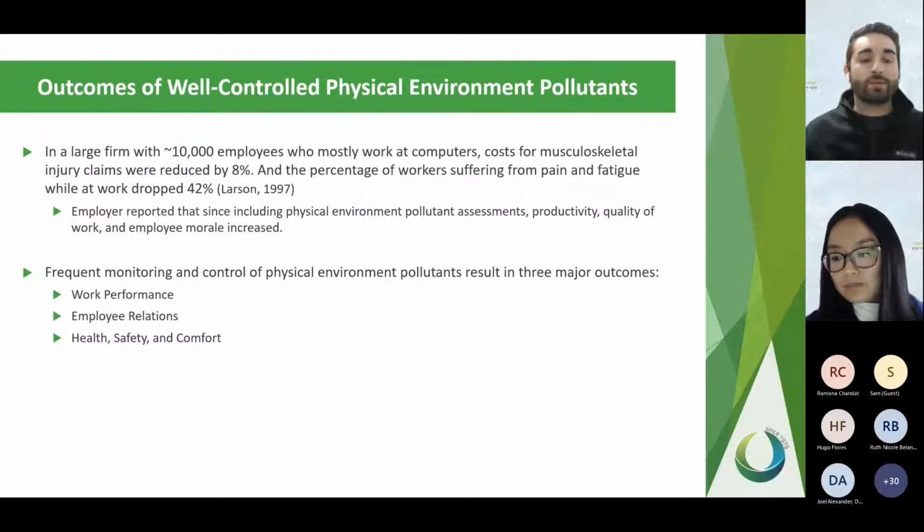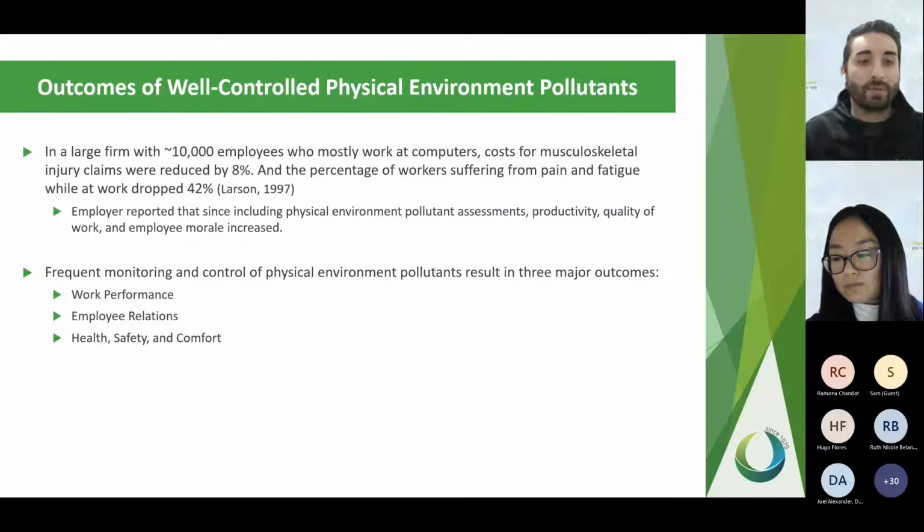And then you'll also have workers basically saying and talking about how they're suffering from less pain and they're not feeling as tired. And in one study, that dropped 42%. So that's pretty significant that 42% of the workers reported less pain and less fatigue when an ergonomics intervention was performed, a lighting assessment was performed, or a noise assessment was performed.